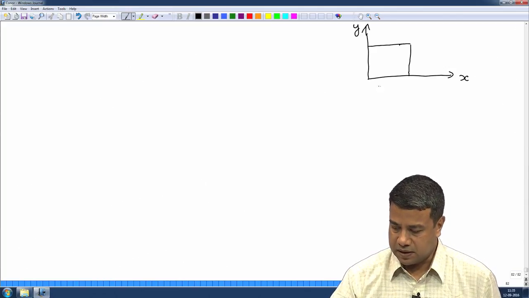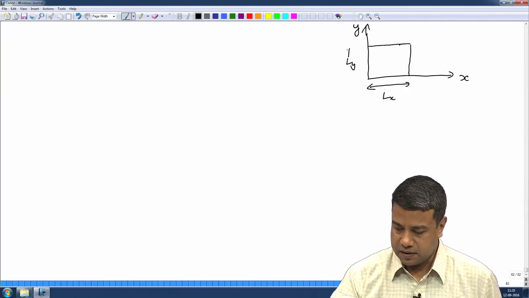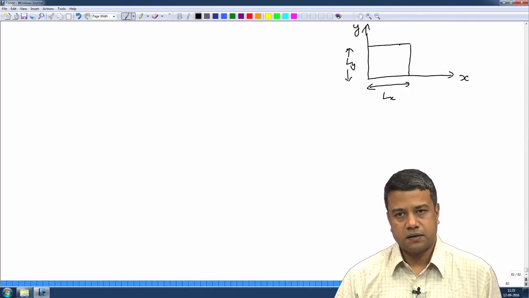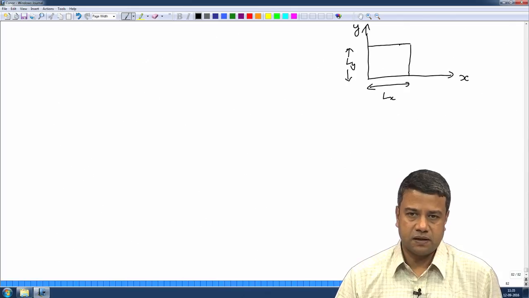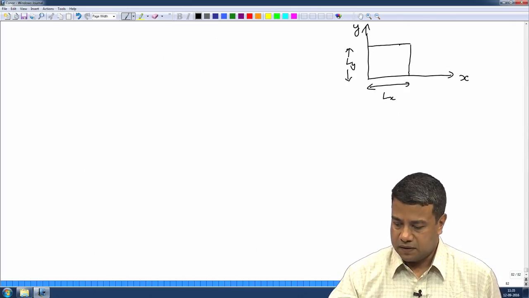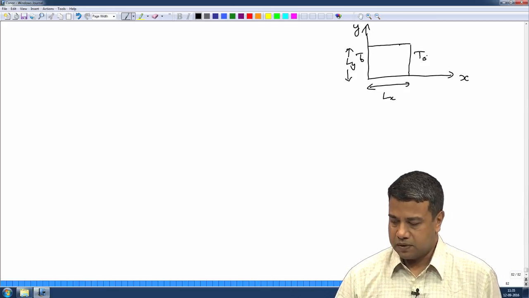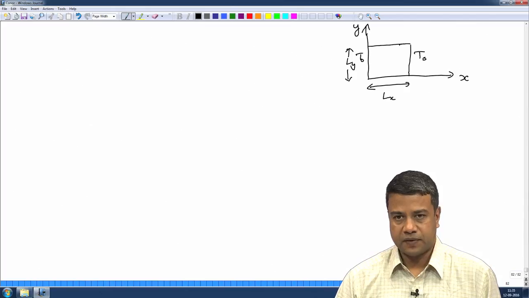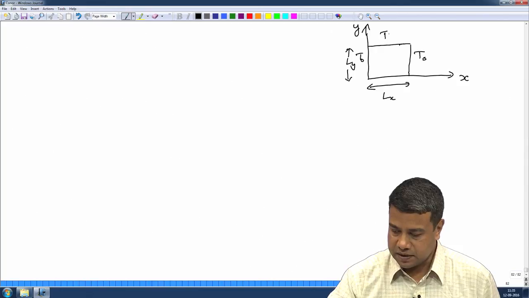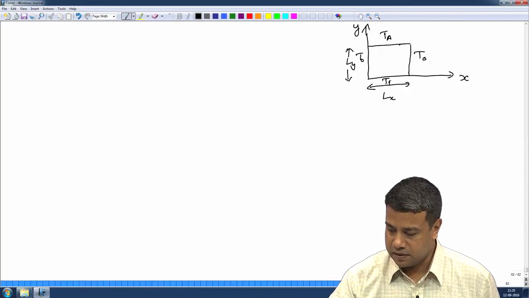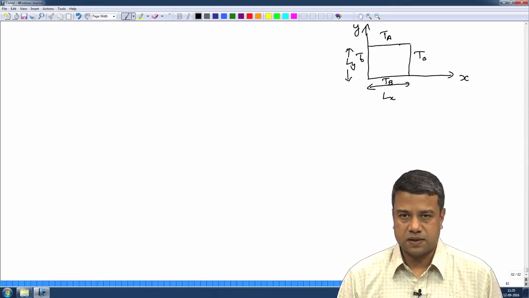Let us assume that the length in the x direction is Lx, the length in the y direction is Ly. And I will assume that the 4 faces are at different temperatures. The face at x equal to 0 is at temperature T naught, and the face at x equal to Lx is at temperature T naught. So, these 2 faces are at constant temperature. The top and bottom faces are at some different temperatures. And I want to find out what is the temperature distribution throughout the system.